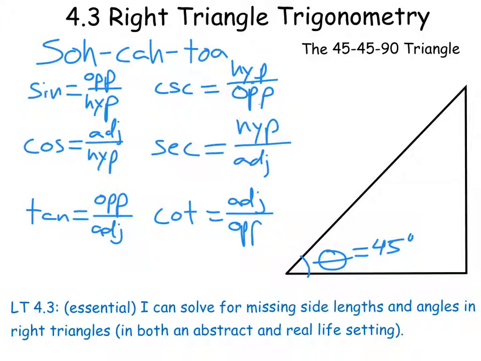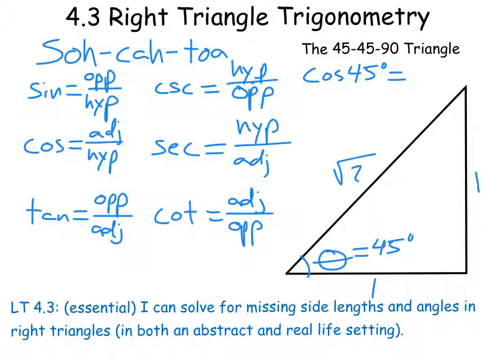All right, now I want to show you one thing here. All I want to do is just quickly look at the cosine value of 45 degrees. Because we did this before, but I used 1 as the hypotenuse, and now I'm going to say the legs are 1.